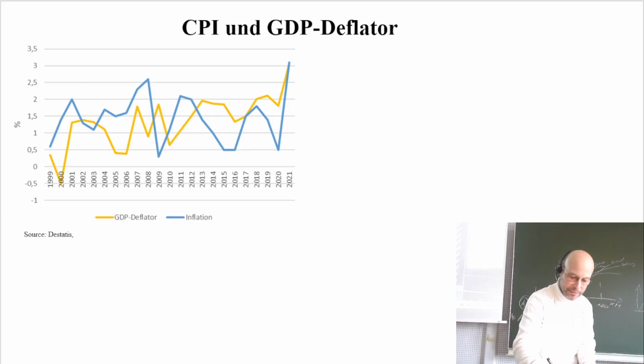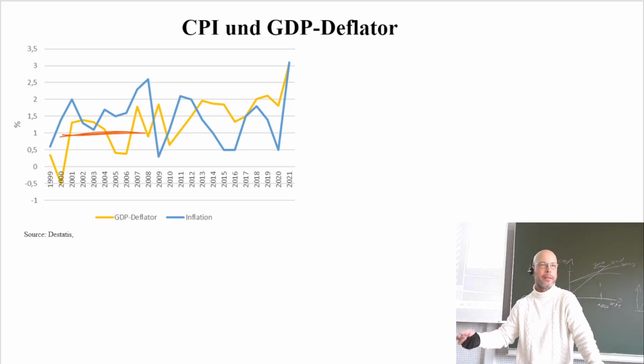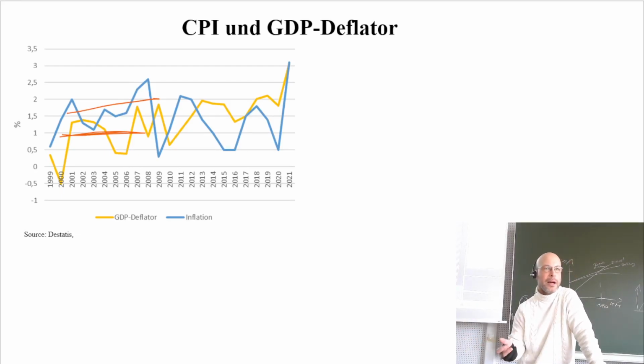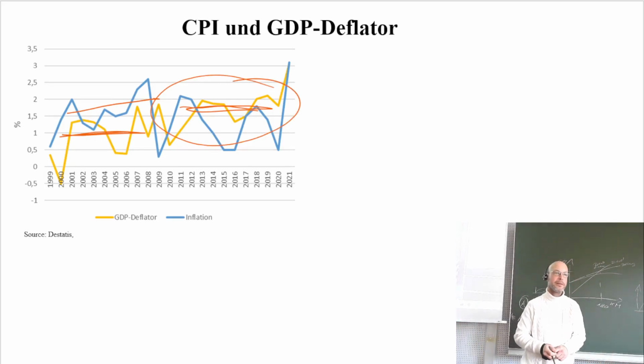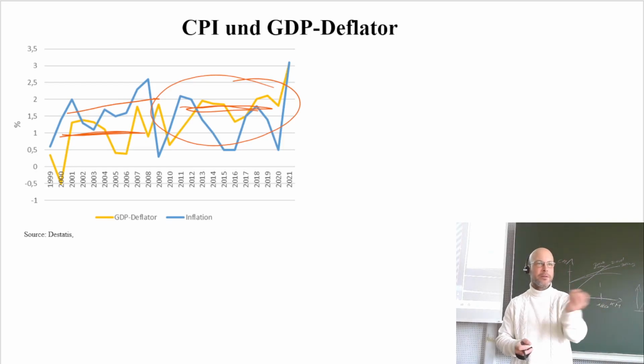And if you then have the situation that the yellow line, the change of the GDP deflator, is below the blue line, the inflation rates, then you know that this also has an impact on your personal or your little or medium-sized company. And here we had the situation during the last 10 years until Corona in Germany that these two numbers were on one line, or even that the GDP deflator was higher than the inflation rate. And if we look at the struggles in the labor market, there were almost no struggles in the labor market. And in my opinion, one reason was the development of these two price indices.